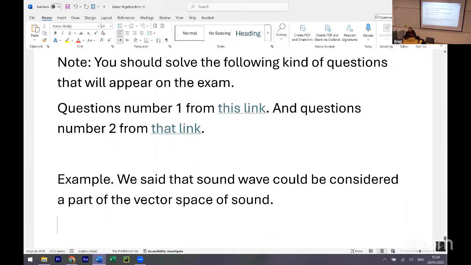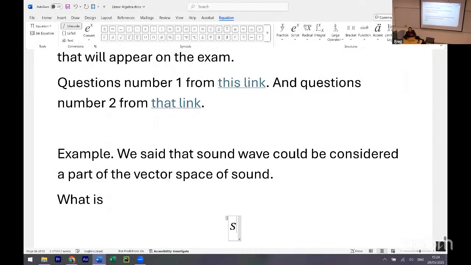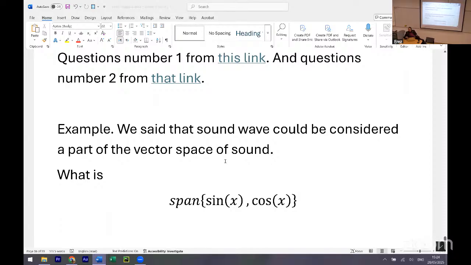And I would like to calculate the span of sine and cosine. So basically, there are two waves on the same frequency, the same note. It also has the same amplitude, but I don't think that matters much. And I want to know what is the span of these two.